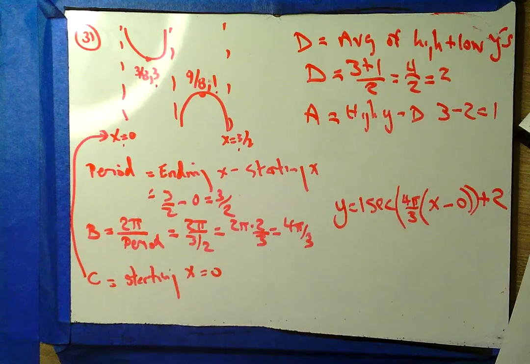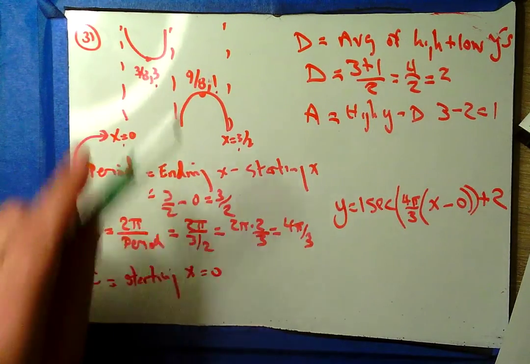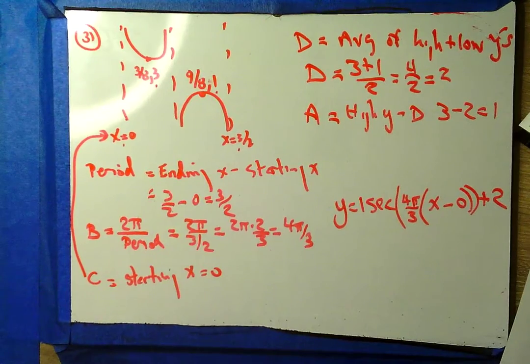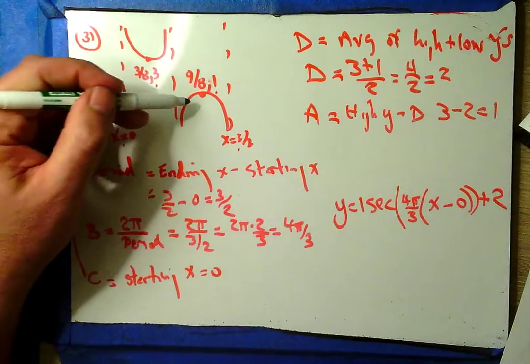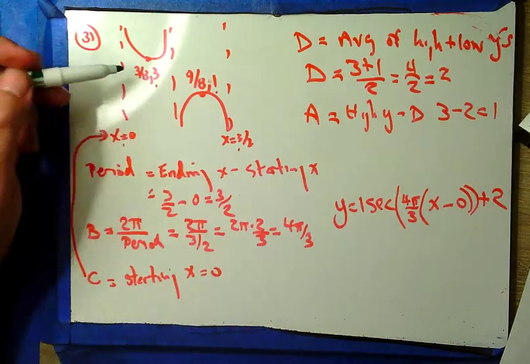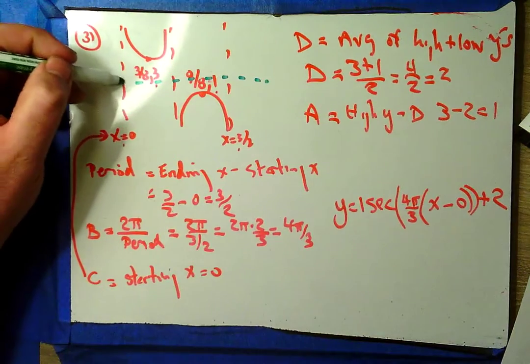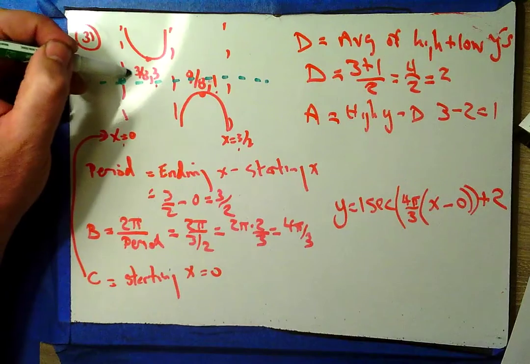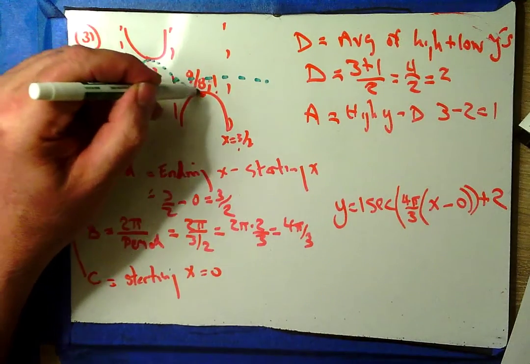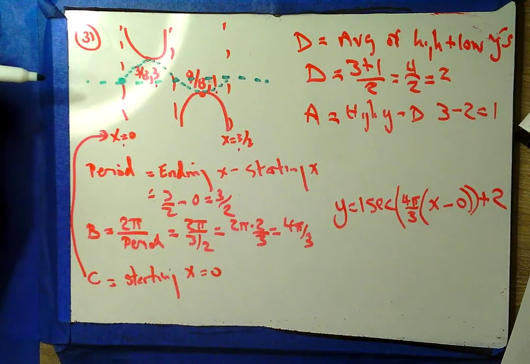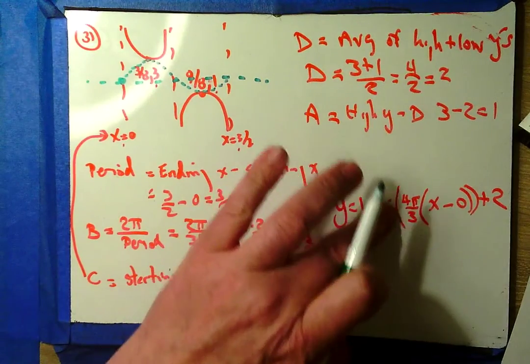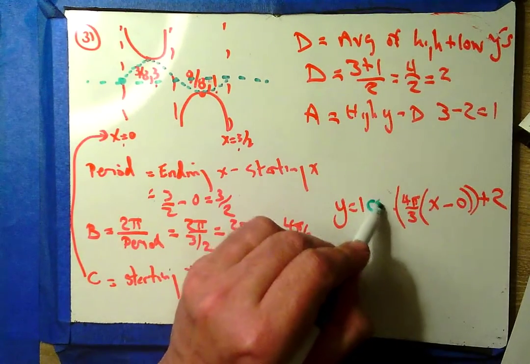Now, how did I know it was secant? Well, I know it's secant because it's got one up and one down. I know it's positive secant because I have up and then down and not down and then up. But if you're not sure, you can always draw in the midline and sketch from your starting x that reciprocal function. Mr. Kukla, it's not secant, it's cosecant.